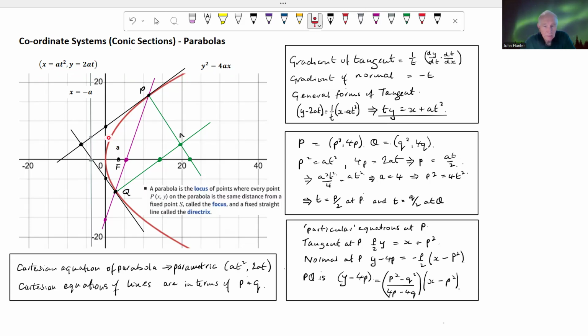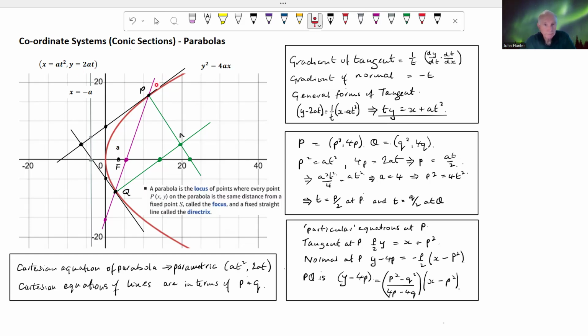All these kinds of curves where we've got two values of y for a value of x tend to come from parametric equations. So if you're told that the curve, for instance, is y squared equals 12x, then that tells you that a is 3, and therefore the parametric equations are x equals 3t squared and y equals 2 times 3, 6t.